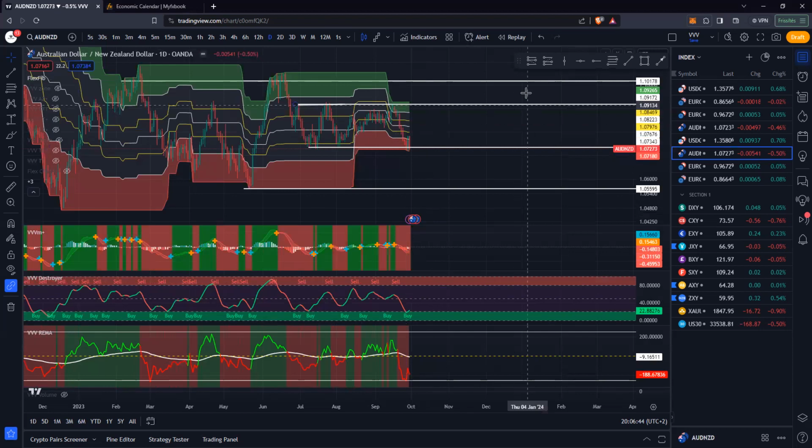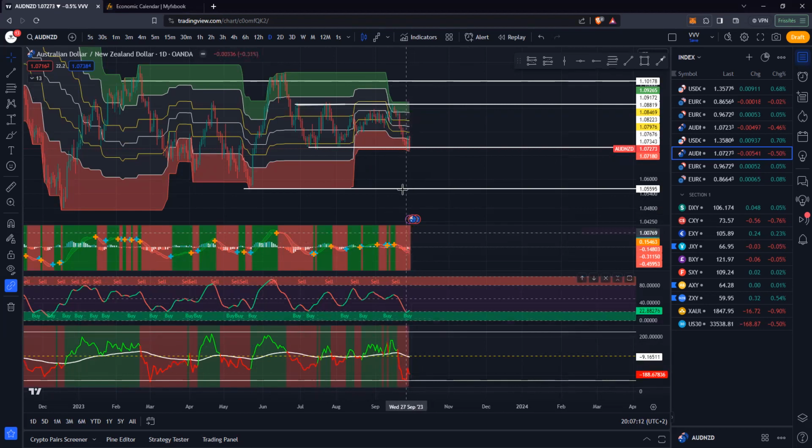Then we have the AUD NZD, which is trying to break to the downside after the box moved up and down, and here was a nice rejection, but everything is far from each other.